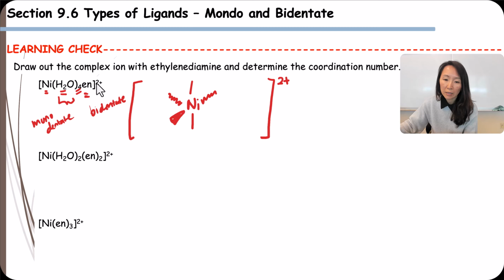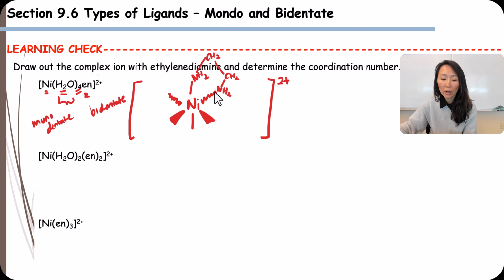So this is giving me a geometry that's showing that it's coming out of the page, and the dashed line is going back, while the ethylene diamine bidentate will have the nitrogen that is attached to the nickel, and then it's got the CH2 and a CH2, and then it has NH2 again that is going to attach to the nickel.